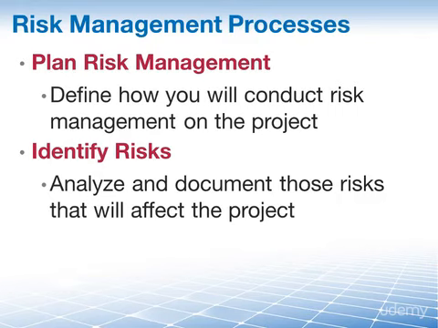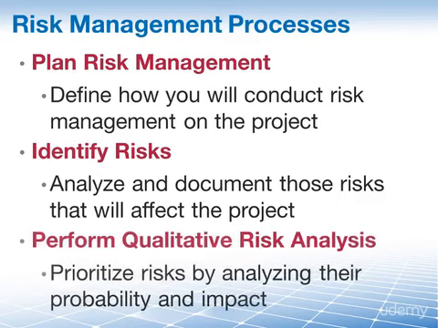So the big difference here between plan risk management and identify risks is simply that in plan risk management, we were only doing planning. How are we going to approach this? And now here in this process, we're actually taking the first step. What are our risks? We're trying to identify them. From there, we move on to perform qualitative risk analysis, the process of prioritizing risks for further analysis or action by assessing and combining their probability of occurrence and impact.